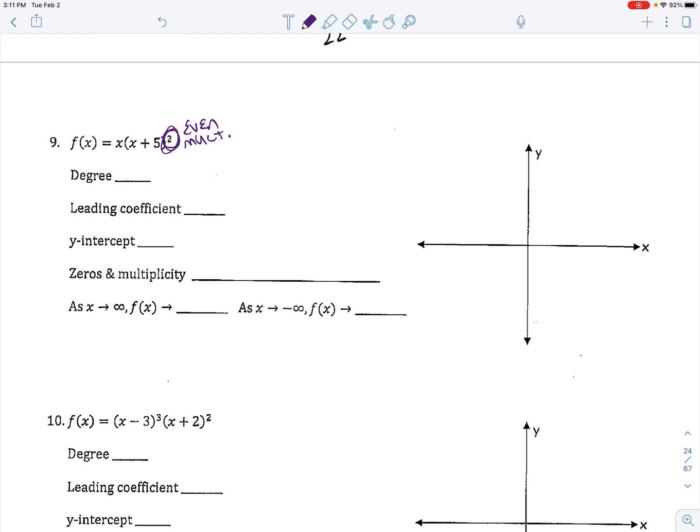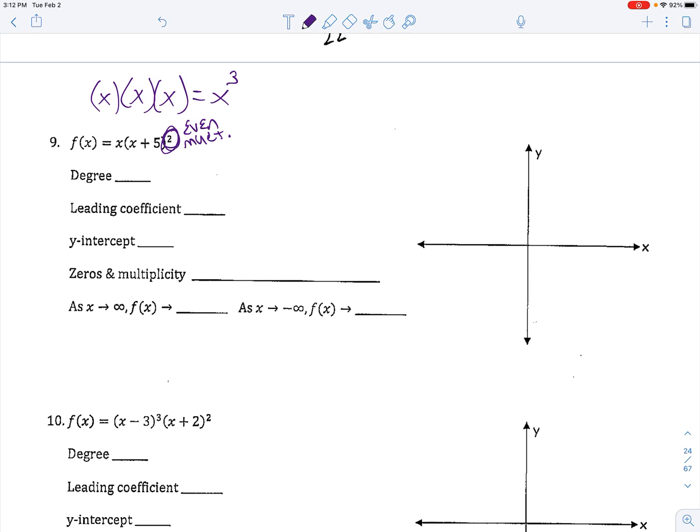So once again, you can use this exponent here to determine that you're going to have even multiplicity. That root is going to get repeated 2 times. So we're going to have that x, that GCF guy, and then you're going to have 2 x's there with the x plus 5.